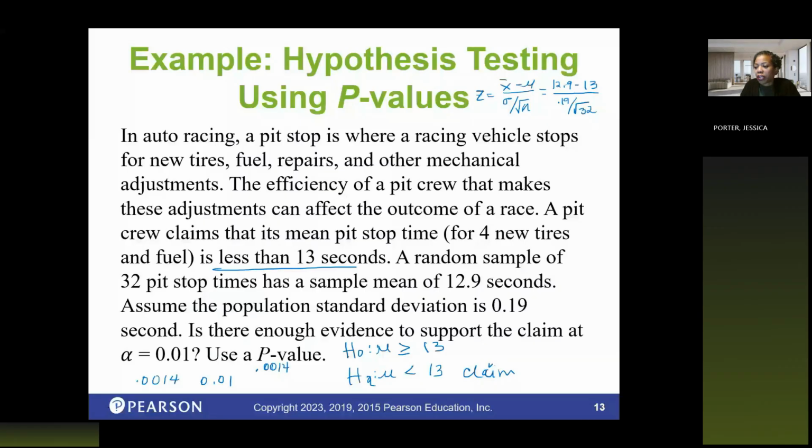P is 0.0014. Alpha is 0.01. So the p-value is actually smaller. Oh, yeah, 2 zeros in there. Right, so we will reject the null hypothesis.